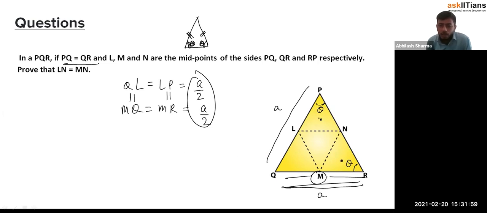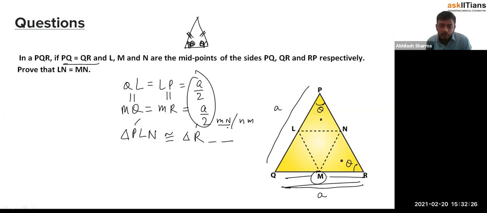Now, how should we name this triangle? In any way, doesn't matter. The first triangle can be named in any way whatsoever. Now comes the important part of naming the second triangle. Clearly angle P should be equal to angle R, so P should correspond to R. So I have written R here. Now what about the rest of the two? Either MN will come here or NM will come here.